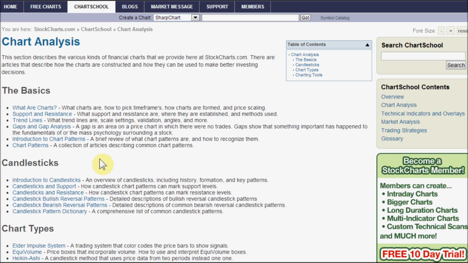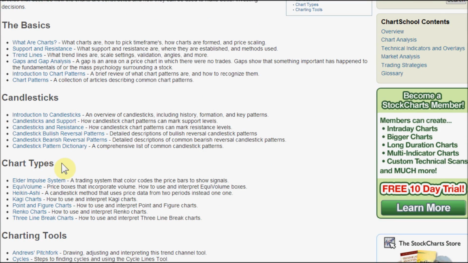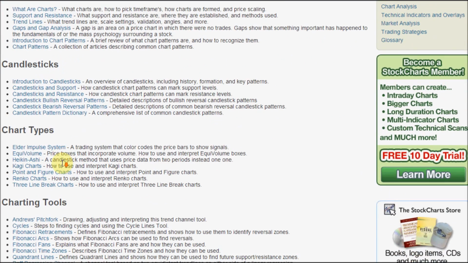We'll get into how each candlestick forms a day if you're on a daily chart, and how 3 or 4 of them combined will give bullish or bearish signals. Okay. We'll also talk about other types of charts and other charting tools, such as Fibonacci's, which are one of the best tools I know of.